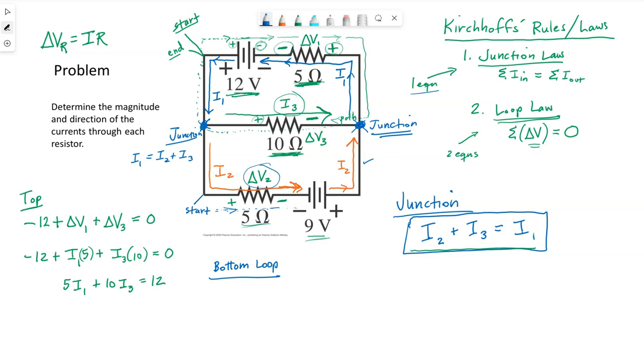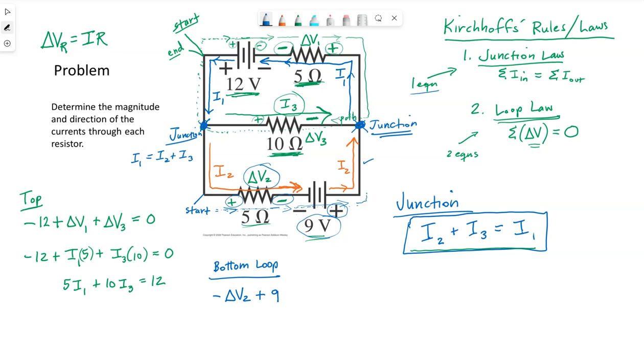We're going to see a potential difference of delta V2, is what I've called it. But because our path is taking us from high to low, we would see a decrease of delta V2. So minus delta V2. As I keep going, the next voltage I see is this 9 volts. Because my path is to the right, I'm going from low to high, so I'm going to see an increase of 9 volts.